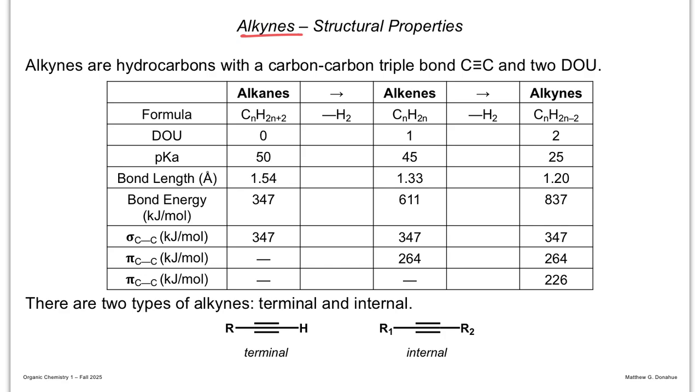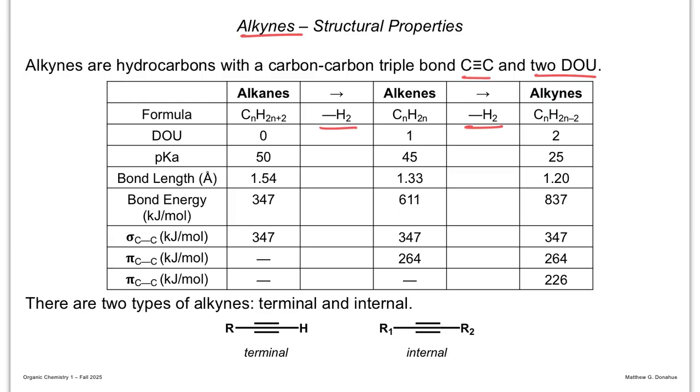They have the carbon-carbon triple bond and therefore have 2 degrees of unsaturation. So in the progression from alkanes to alkenes to alkynes, we're successively removing an equivalent of H2. And so each time you do that, it increases the degrees of unsaturation.